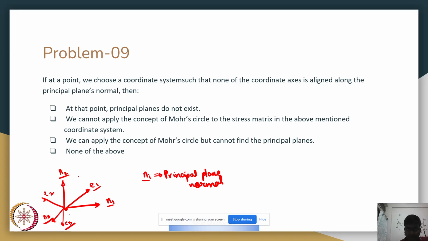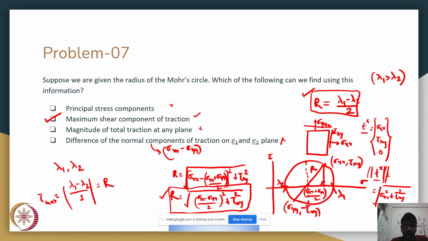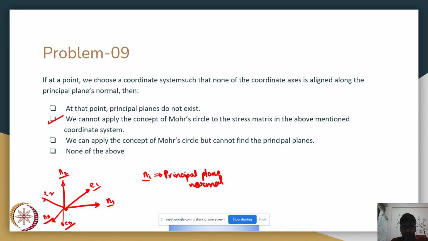We cannot apply the concept of Mohr circle to this. Yes, correct. As you remember, the concept of Mohr circle is applicable only when at least one of E1, E2, E3 lies along one of N1, N2, and N3.